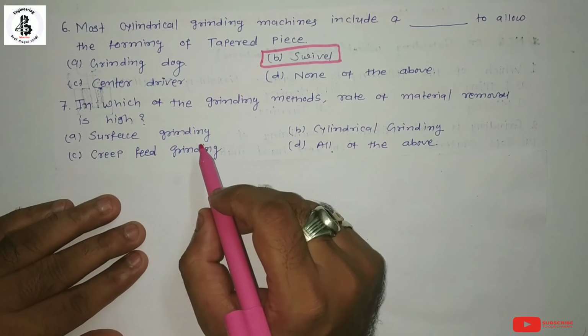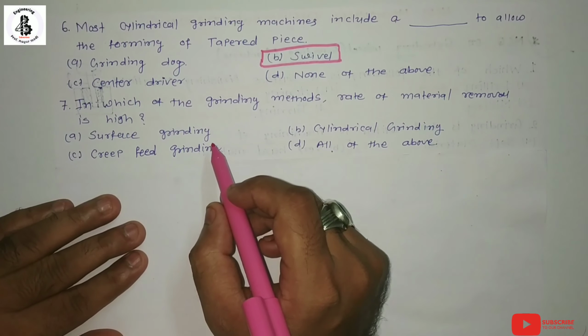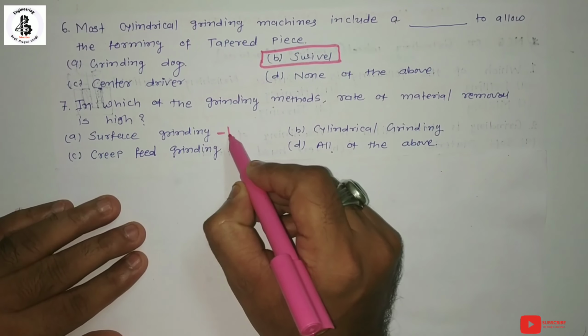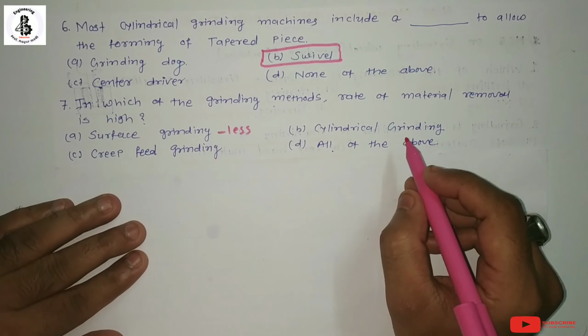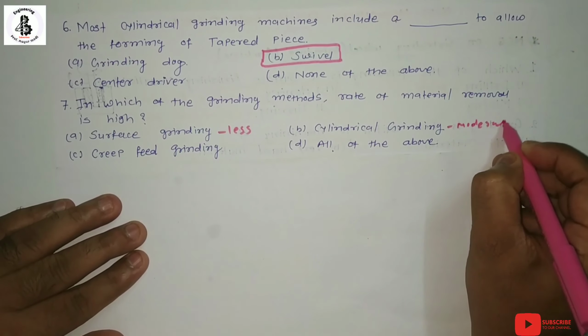Generally the surface grinding process makes a smooth surface, so in surface grinding there will be a lower metal removal rate. In cylindrical grinding, there will be a moderate metal removal rate.